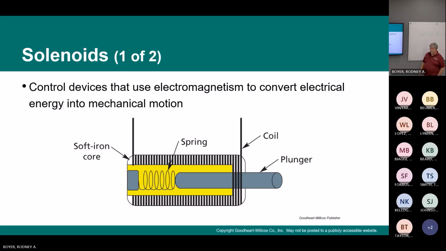Solenoid: a control device that uses electromagnetism to convert electrical energy into mechanical motion, usually in a straight line. Depending on how it is designed, it's either going to push the plunger out or pull the plunger in.